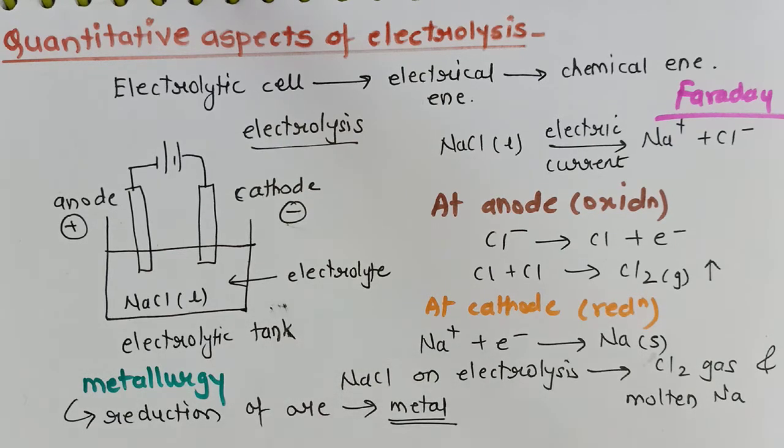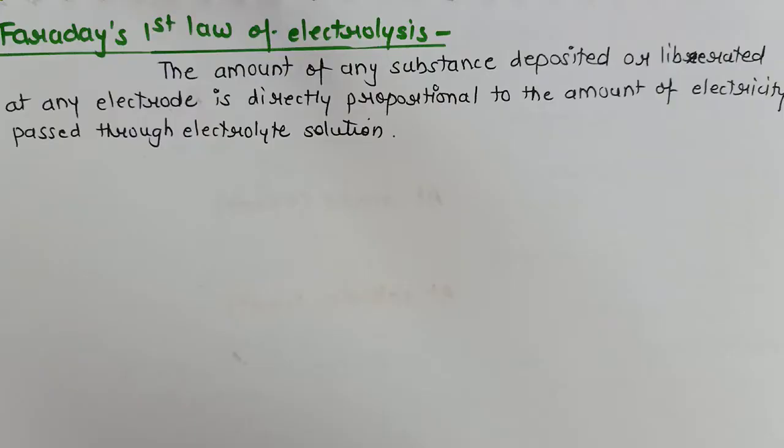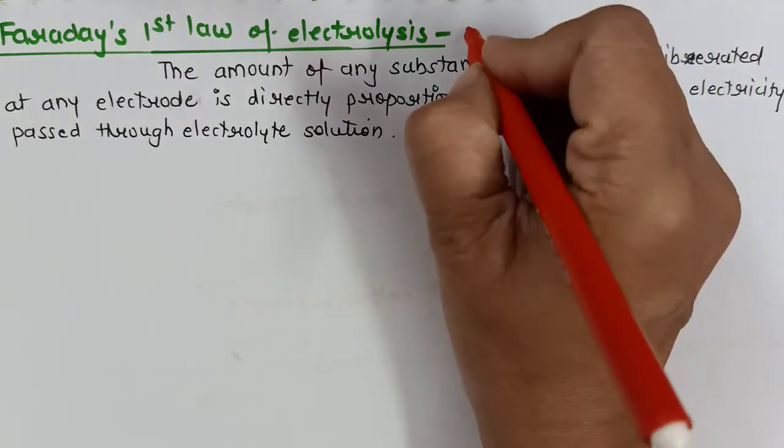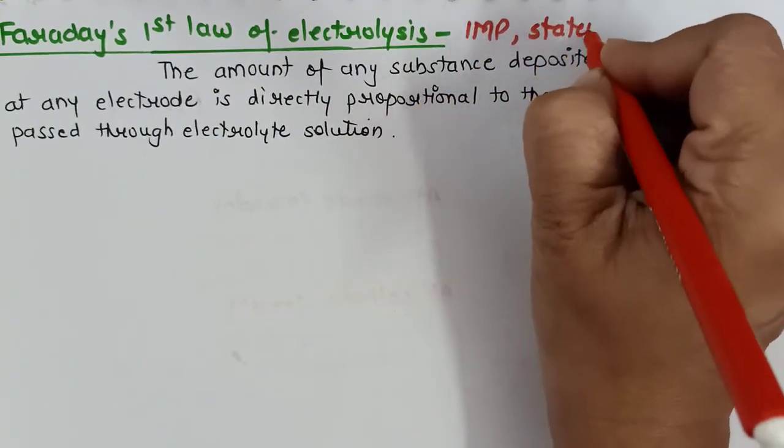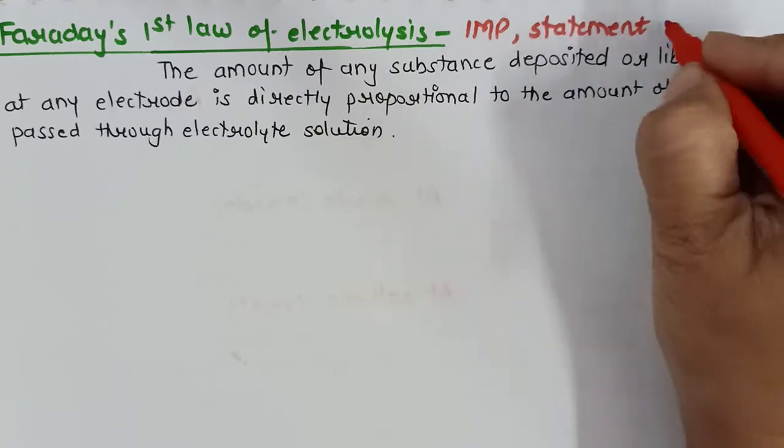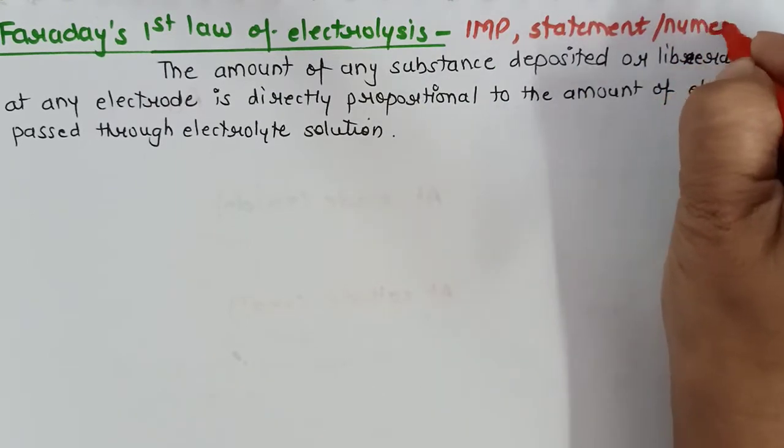To calculate the amount of metal that will be deposited at the cathode. Here is Faraday's first law of electrolysis. Whether we are discussing Faraday's first law or second law, both are equally important topics. And based on them, you have statement type questions and numericals.